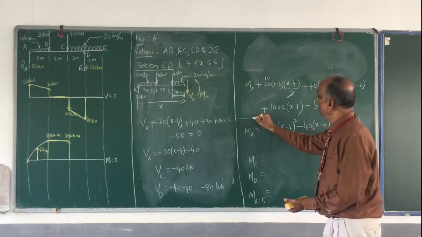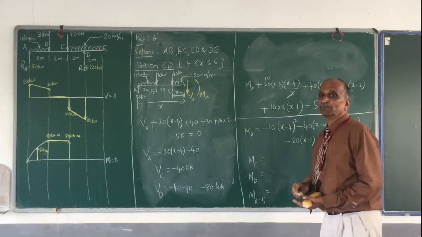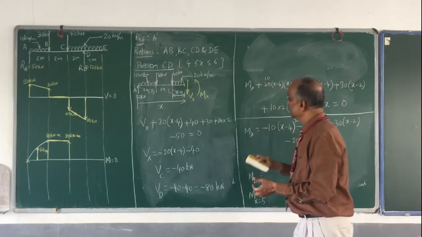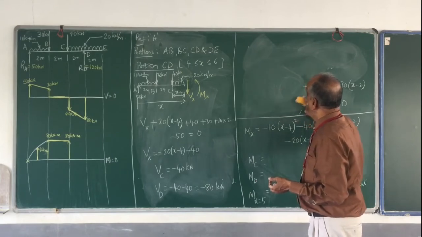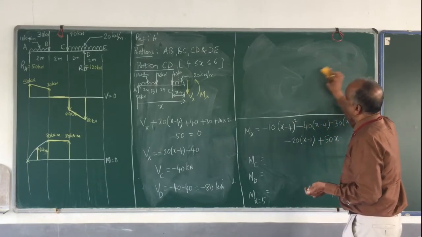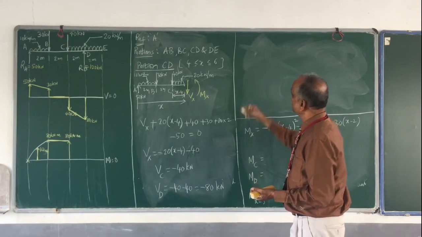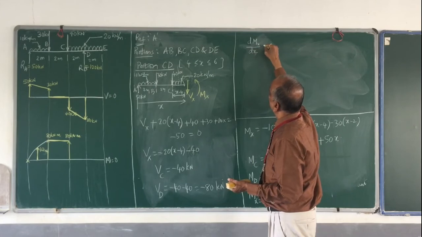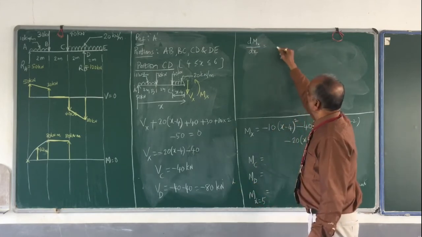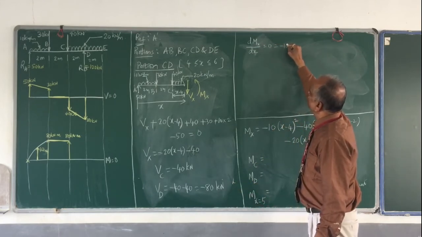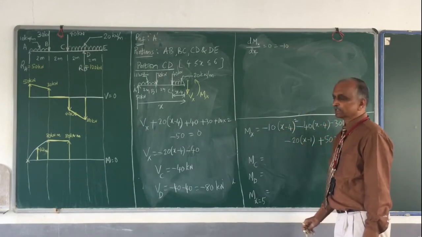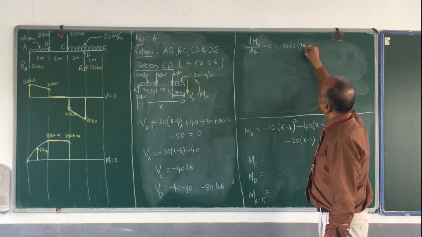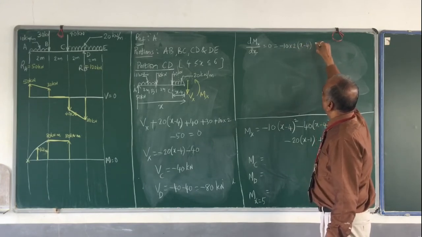I also want to know where the bending moment is maximum. So between 4 meters and 6 meters, for the bending moment to be maximum, I need to differentiate, dMx upon dx, and equate it to 0. So this is equal to minus 10 into differentiation of x minus 4 raised to 2. That is nothing but 2 into x minus 4 into 1.